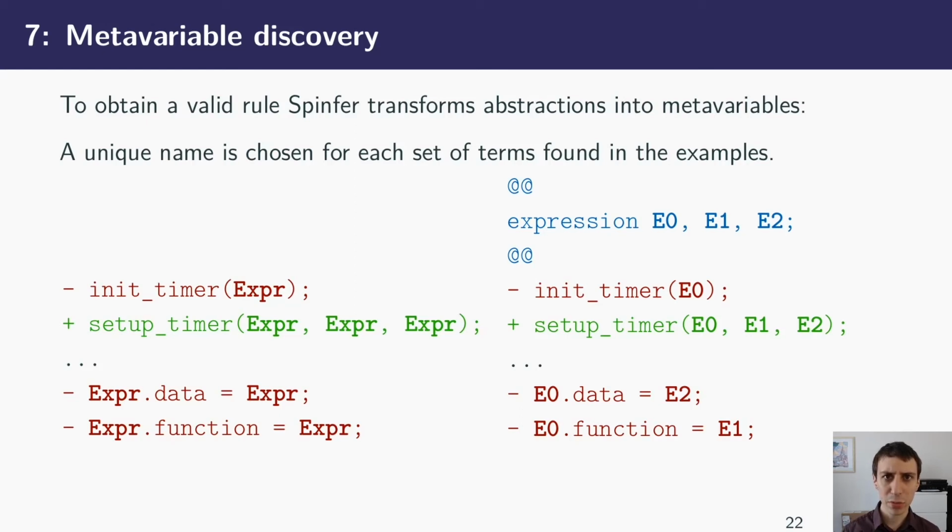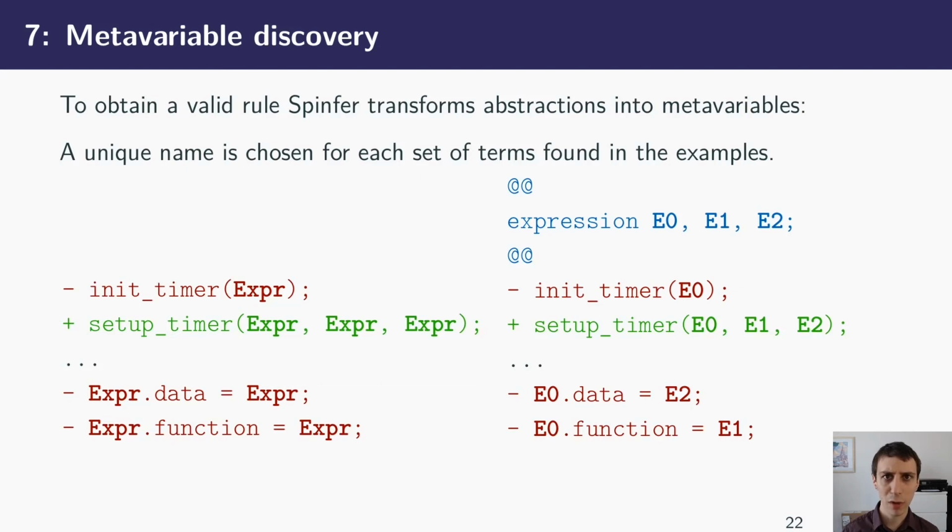To convert abstractions into metavariables, we need to decide which expressions are the same, so they will end up with the same metavariable name, and which expressions are different. To do so, Spinfer looks at the term each expression represents in each example, and two expressions will end up with the same name if and only if, for each example, the terms they represent are the same.